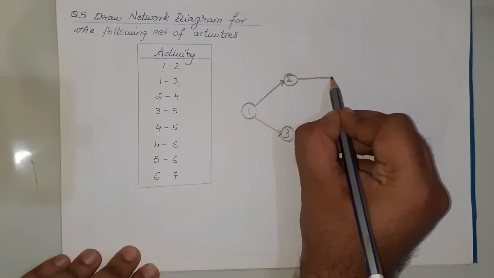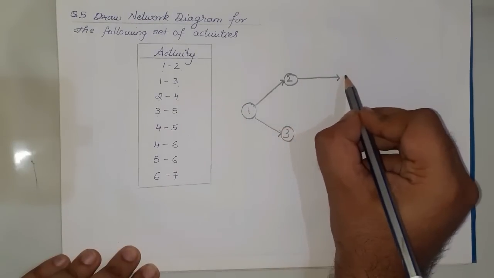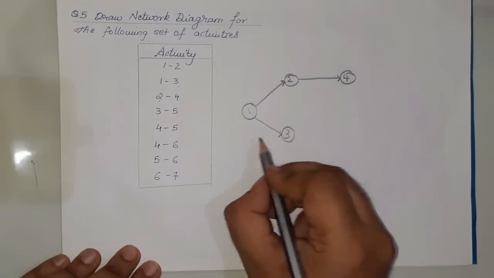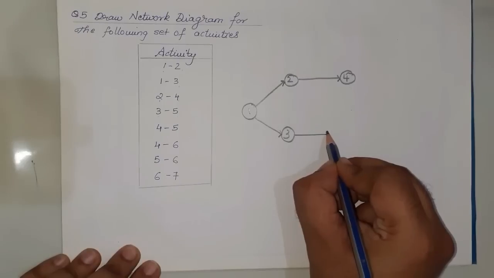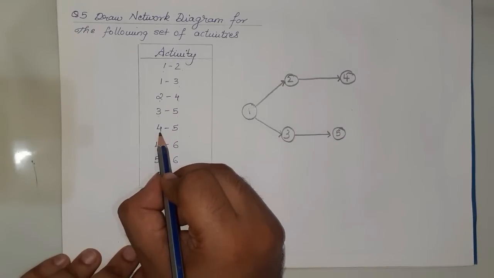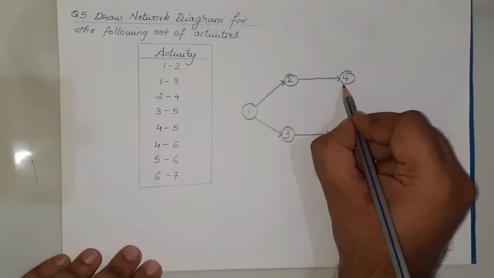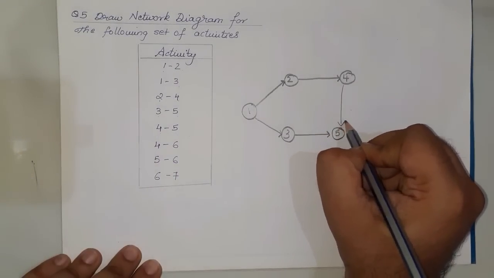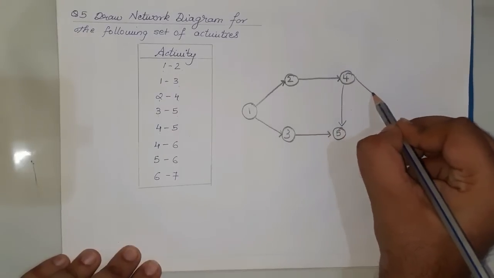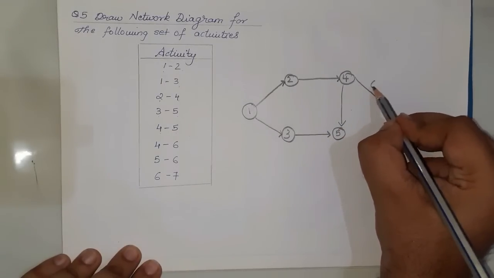So from 2 we have event, or we can even say activity, 4. From 3 we have event 5. Now from 4 we also have event 5, and from 4 we have 6.